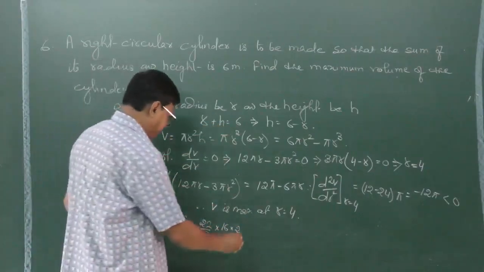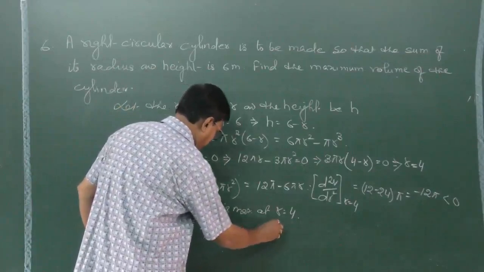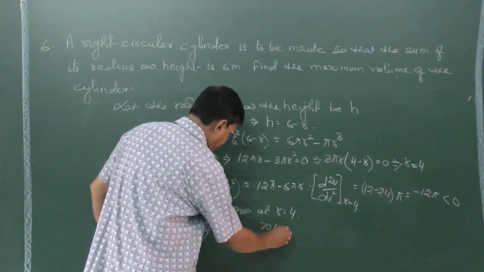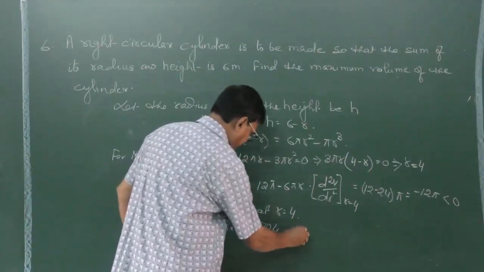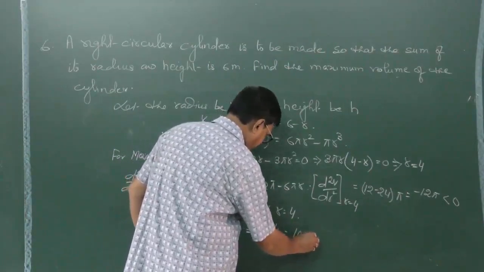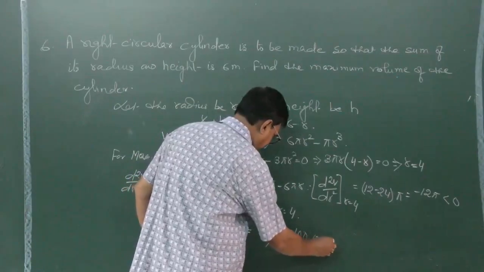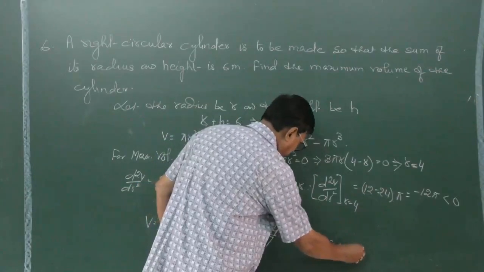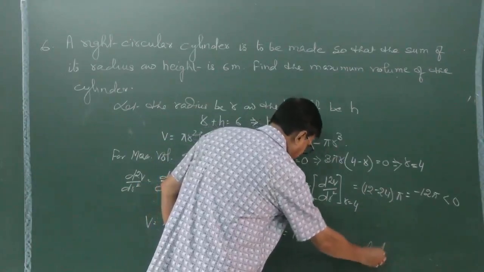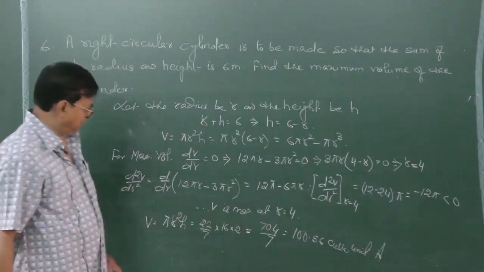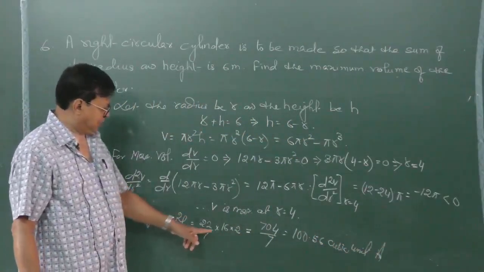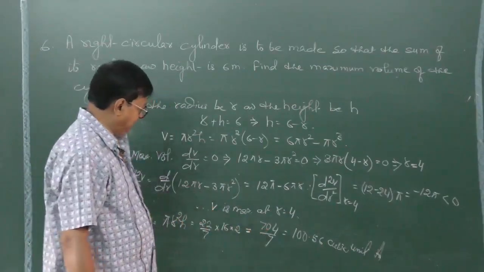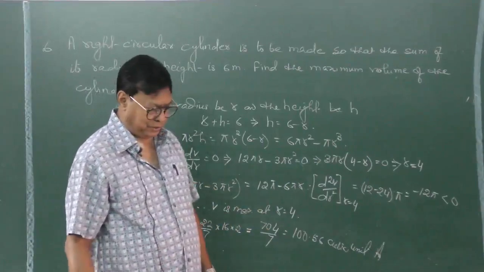So the maximum volume is pi r square h, 22 by 7 into 16 into 2, so we get 100.56 cubic units, since it's a volume.